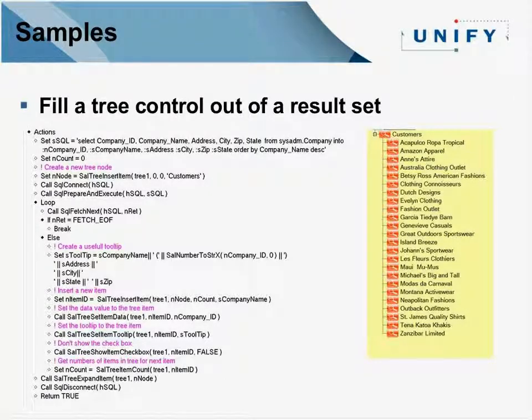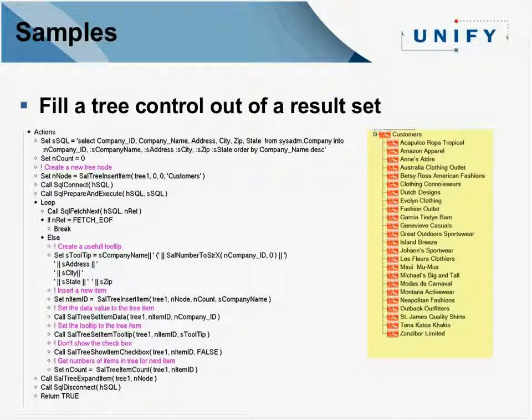And if not, I can start creating my useful tooltip. In this case, my tooltip is set from company name. Then I do a number to string to get the company ID into brackets. Then I use address, city, state, and zip. So now I have my tooltip finished, and I can start inserting a new item.